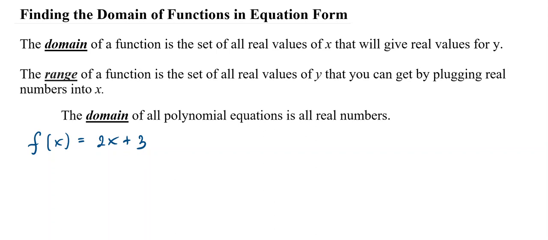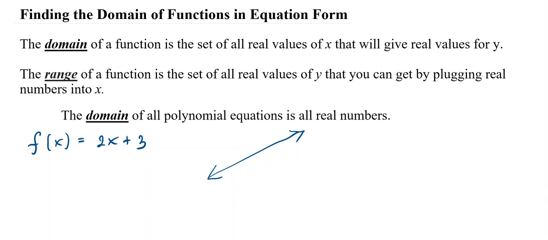Why? Because if you have a line, this line will hit every single x, because it's going to continuously go on in both directions, so pretty much it will hit every single x value.